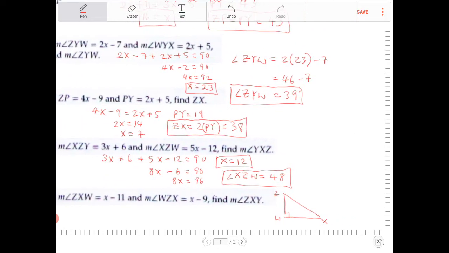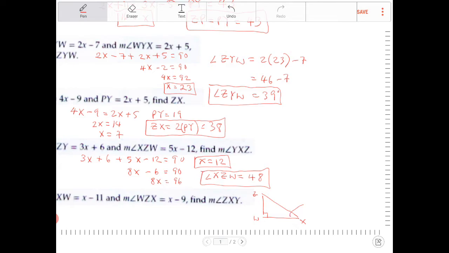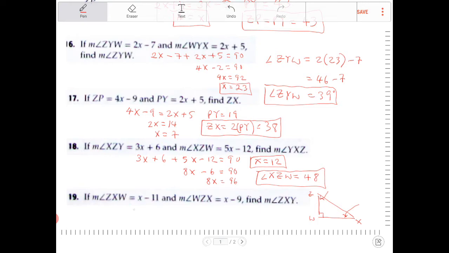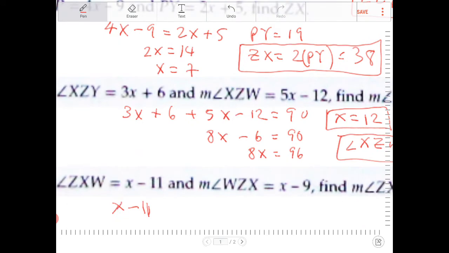So ZXW is this angle, and WZX is this angle. These two angles must be complementary because all three angles add up to 180, and I already have a 90 degree angle there. So all I've got to do is say x minus 11 plus x minus 9 is equal to 90 degrees.